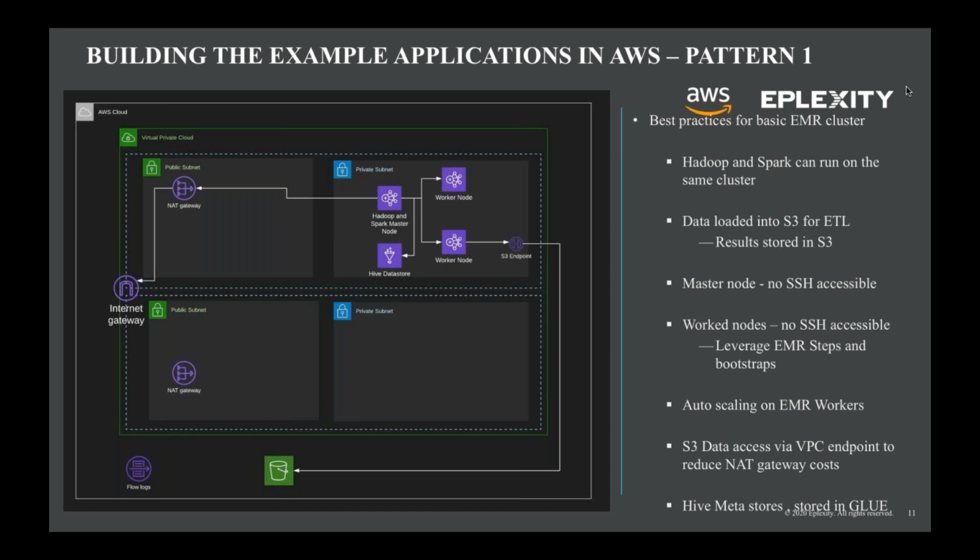So in this particular case, what would be the best practice in moving that set of infrastructure to AWS? Well, depending on the type of workload, and there are use cases, I'll show you pattern number 2. This base case is set up an EMR cluster.